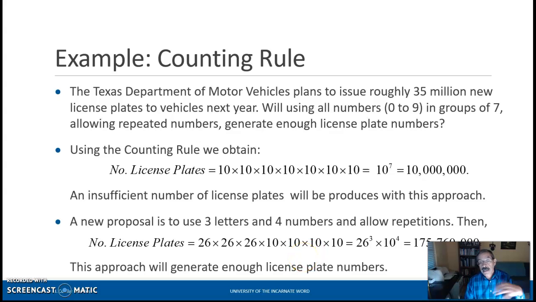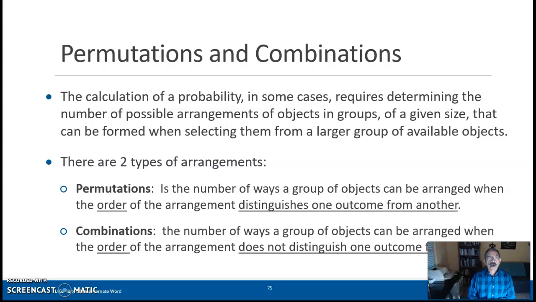All right, but this example illustrates how the counting rule could be helpful to determine the total number of outcomes in an experiment. Now, sometimes we are interested in forming groups of objects of a given number of objects that are available. In that case, we like to find out how many groups we can form of that number of objects when you have so many objects to select from.